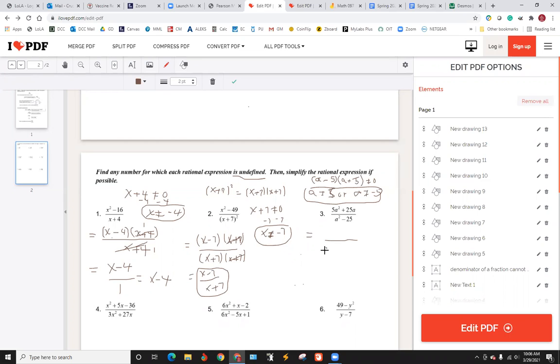It's a minus 5. And this one up at the top, what does that factor as?